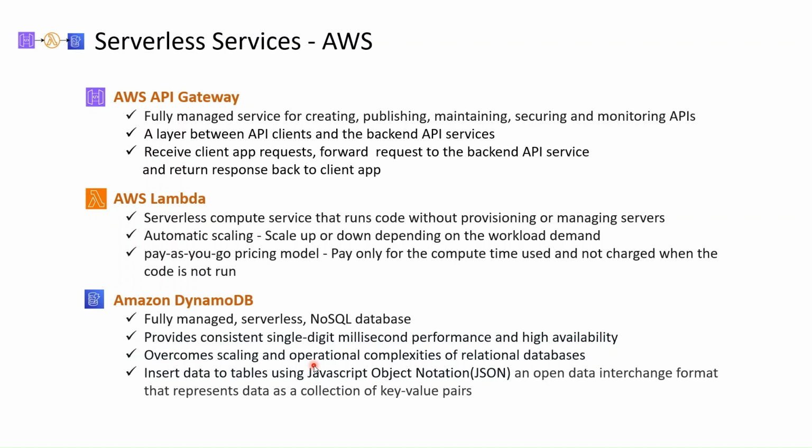As a NoSQL database, it provides strong read consistency and ACID transactions, that is, atomicity, consistency, isolation, and durability, for building enterprise applications. CRUD operations, that is, create, read, update, and delete, on tables can be performed using JavaScript Object Notation and Open Data Interchange Format that represents data as a collection of key value pairs.